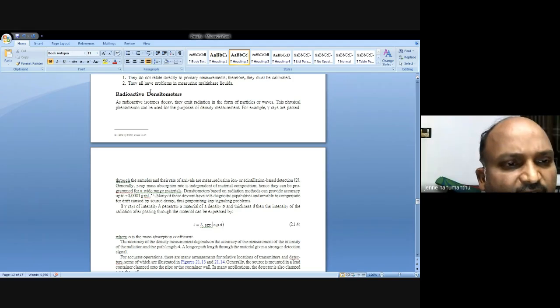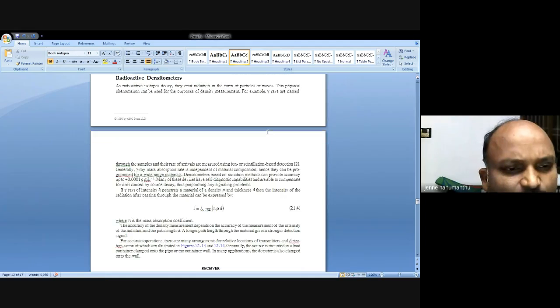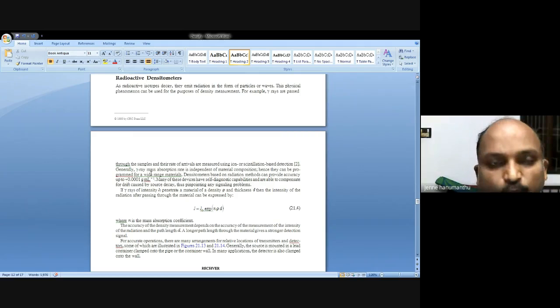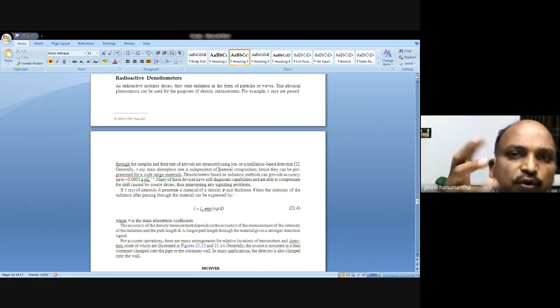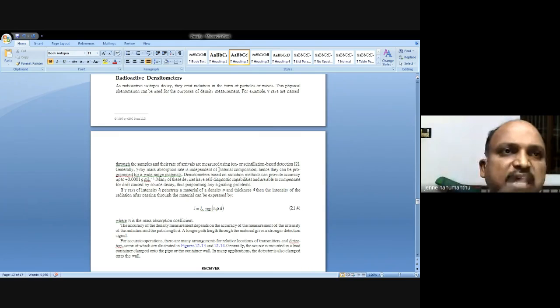See, the radioactive elements may emit some gamma rays. Gamma rays are passed through the sample of unknown fluid, and the rate of arrival is measured.